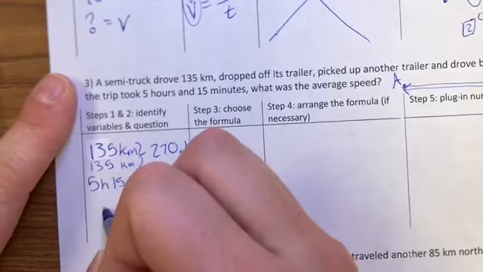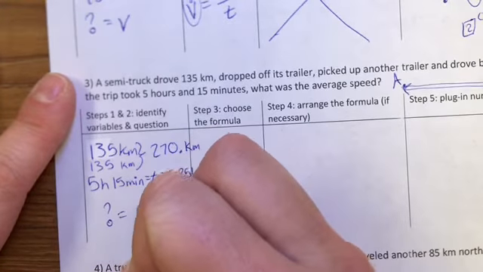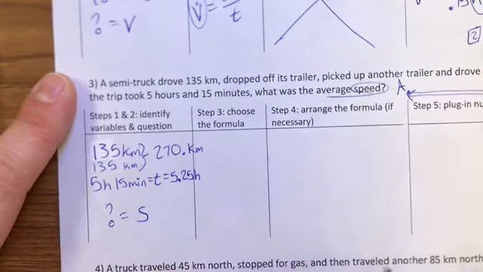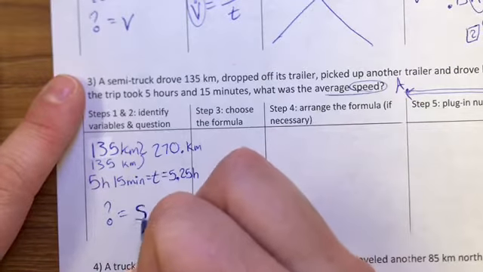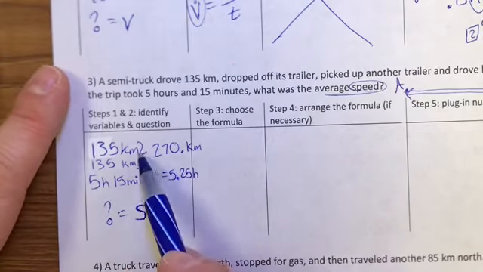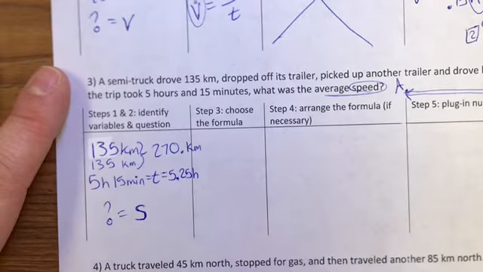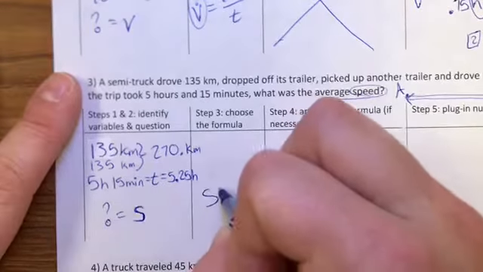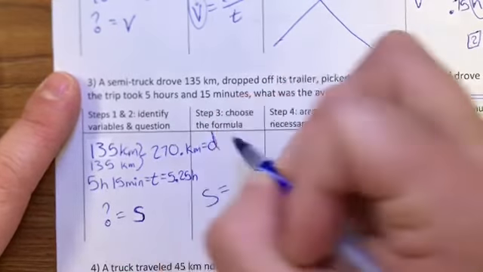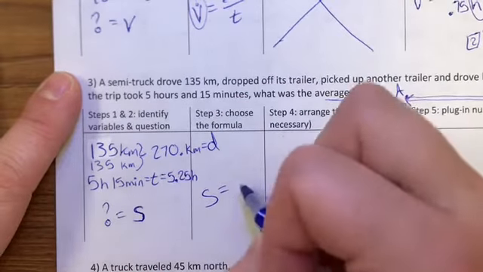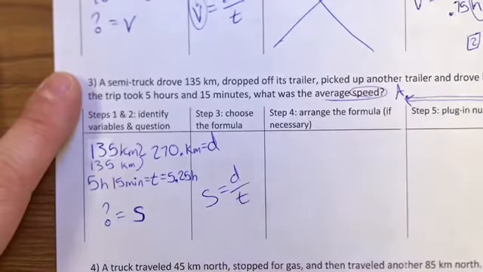All right, now the question is asking for the speed, average speed. So fortunately with speed, direction doesn't matter. Whether that was going east or west or north or south, the direction doesn't matter, so speed is good. So this is measuring our distance. Speed is distance divided by time.